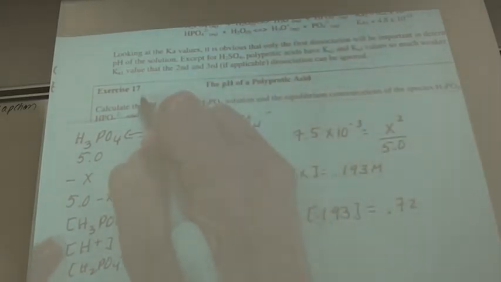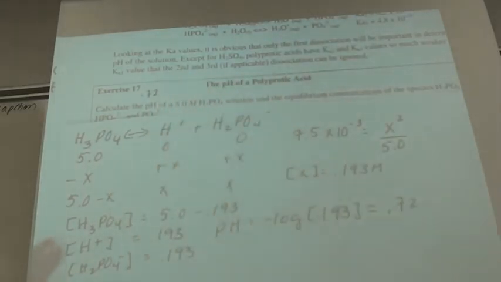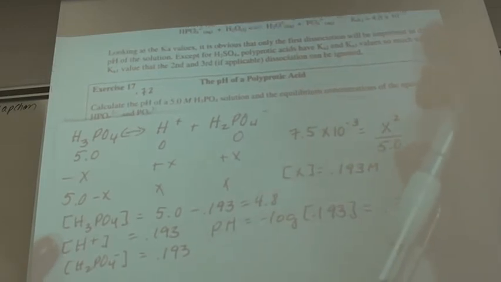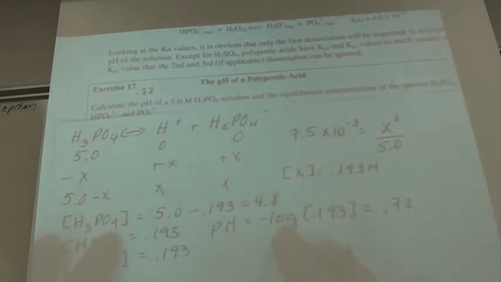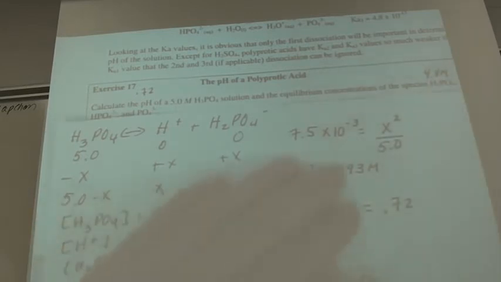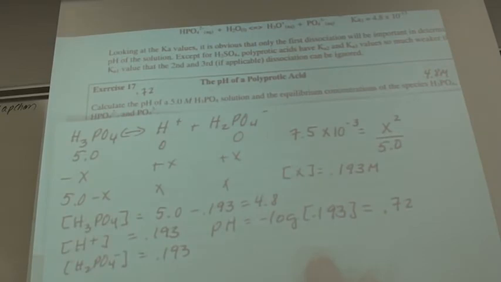So we have figured out 0.72 is the answer to this. The math here is 4.8. So at equilibrium, the concentration of the phosphoric acid is 4.8 molar. And that's all we know from this.